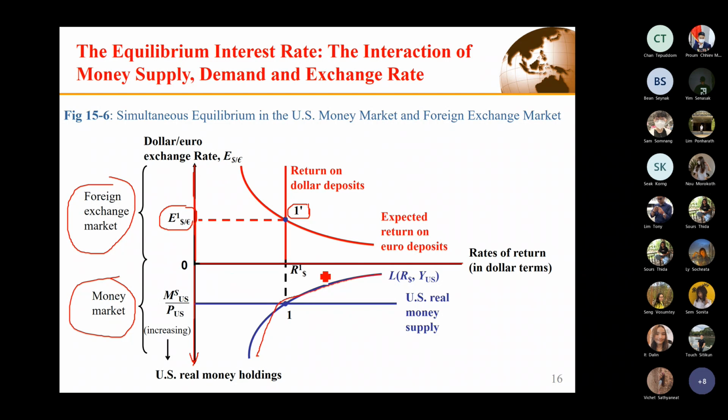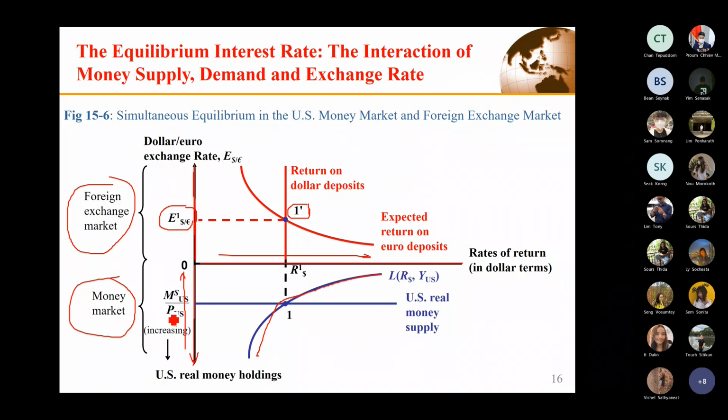We say that when the interest rate, the rate of return, is higher, then the real money demand would be lower, as people prefer to keep less money in the pocket, and they prefer to put more money in the bank to earn interest because the interest rate is higher.